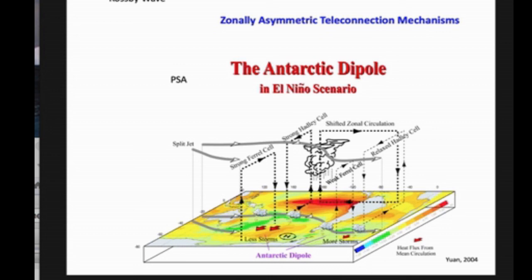When you strengthen the Hadley cell in the Pacific sector, you contract it, and you also have a stronger Ferrel cell, but the polar jet is retreated. That's what we see in the data.